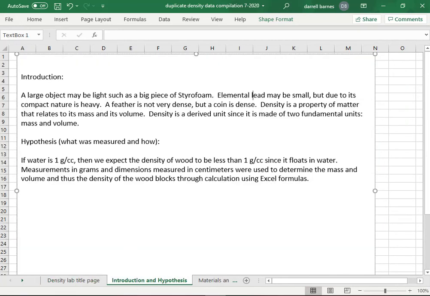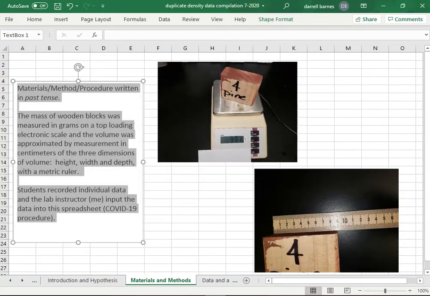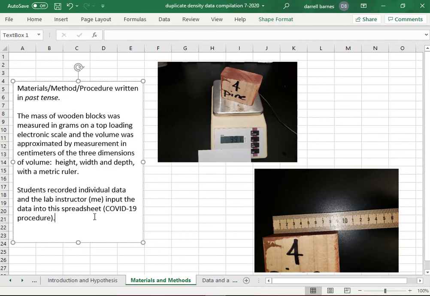Hope it helps you. All right, so we've talked about the introduction. We've gone to materials, method, procedure. A little bit sketchy, but it's not a very difficult project, really.